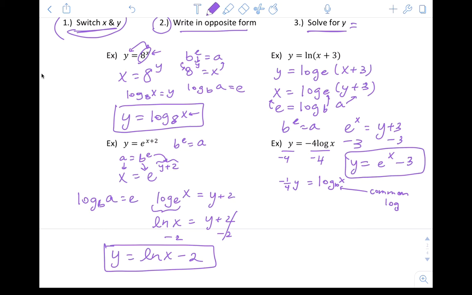All right, now that we've solved and we've gotten log by itself, switch x and y. So we have negative 1/4 x equals log base 10 of y. Notice that log is base, answer, and that equals an exponent.